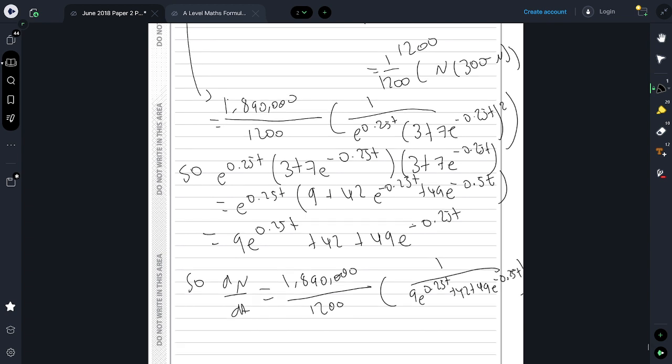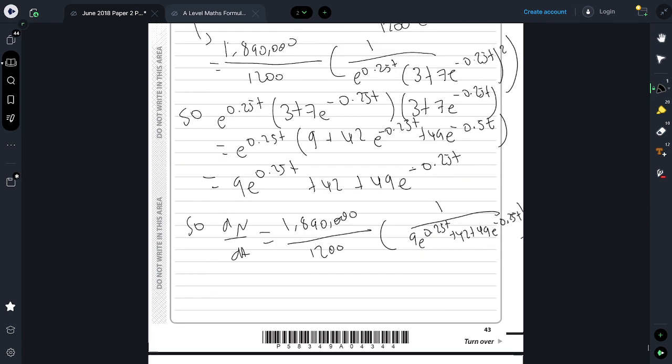So the hidden quadratic, if you put u to be e to the 0.25t, this will be the same as saying 9u squared plus 42u plus 49 equals 0.